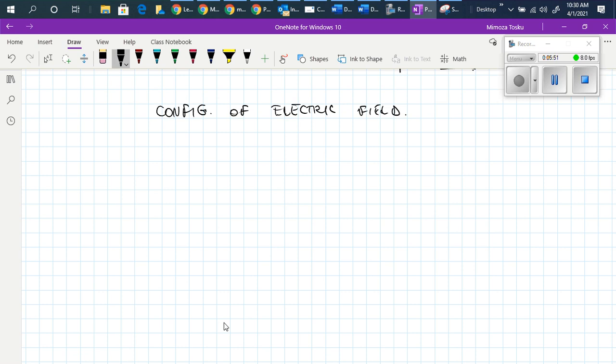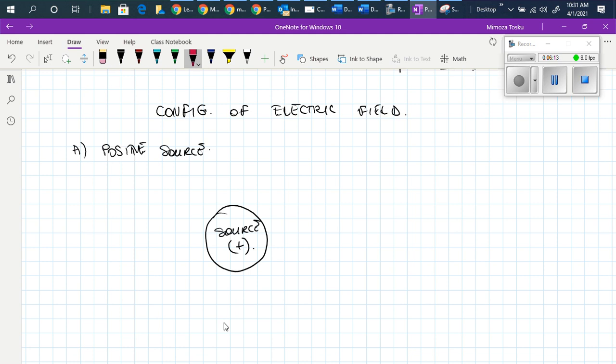So let's start with a positive source first. That means that you will have a source that is positively charged.